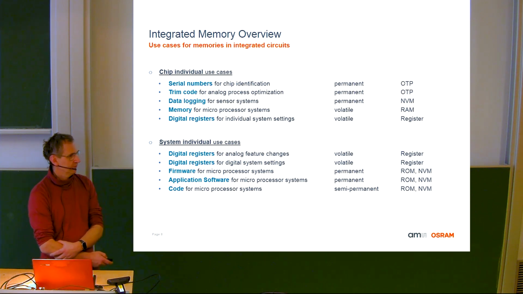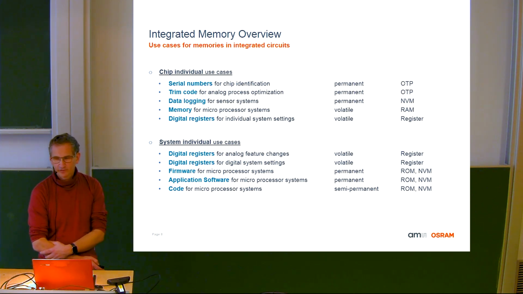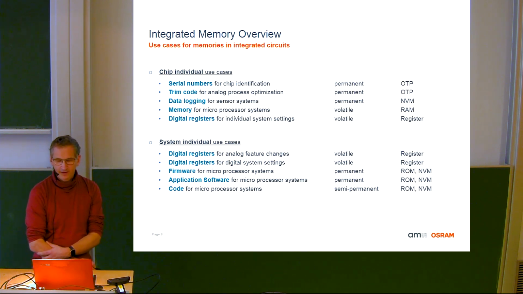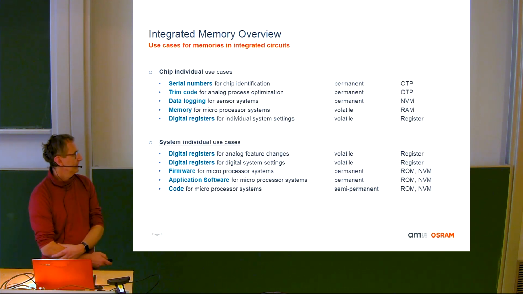Sometimes, if you lose your supply, you still want to keep information. So sometimes you take the disadvantage of writing time, because in hardware writing it's always a matter of additional time which you need. But keeping the last information always alive in your system, you use then NVMs.